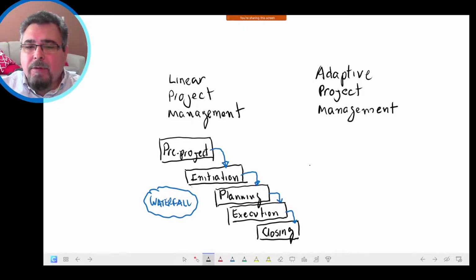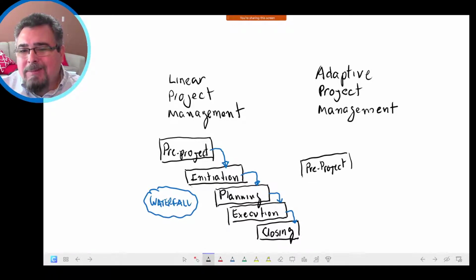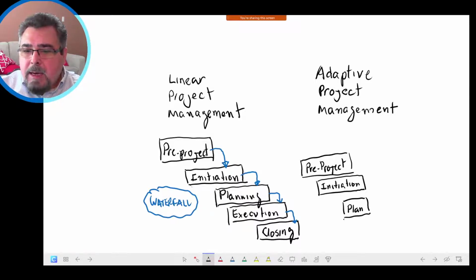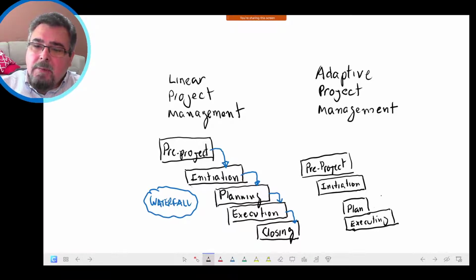We may have a pre-project phase. Then we may have some initial work. I can call that initiation because it's pretty close. But then we do something different here. We plan and execute the project in some phases.